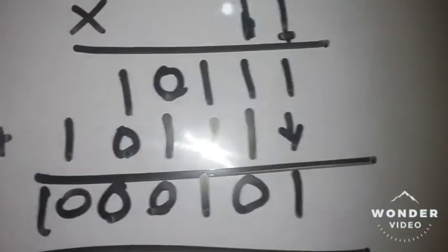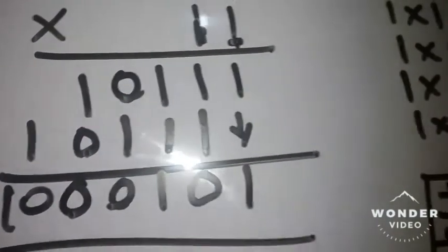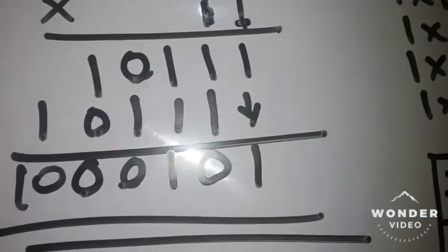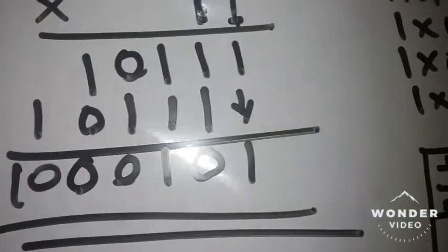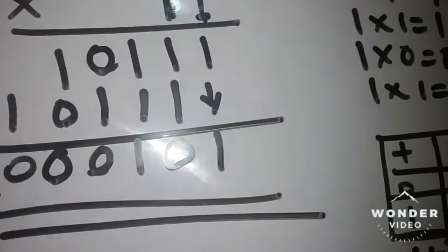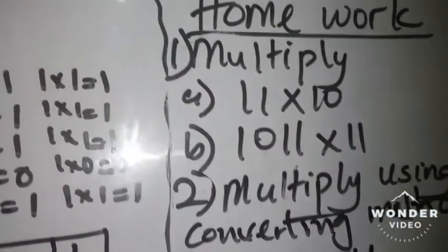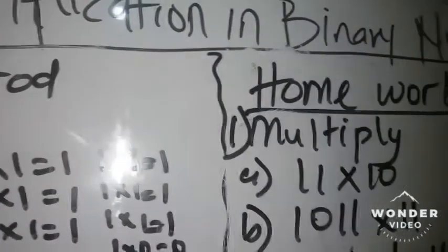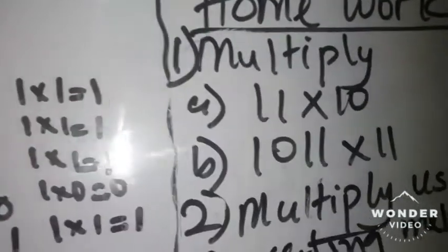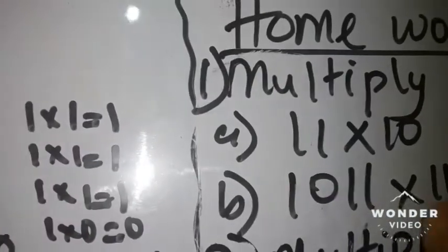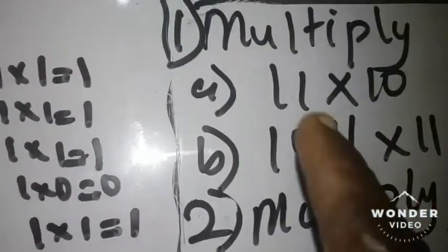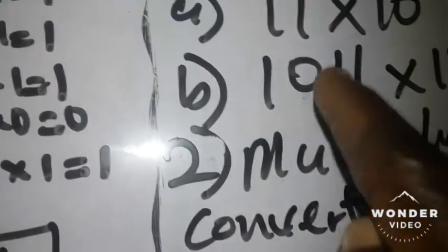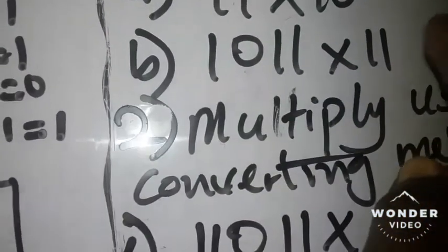So I'm going to give us some homework so that you can submit them, and I will mark them and send back your answer. Okay guys, we've come to the end of today's lesson. I have some assignment for us. Multiply the following: A, 1011 times 11.